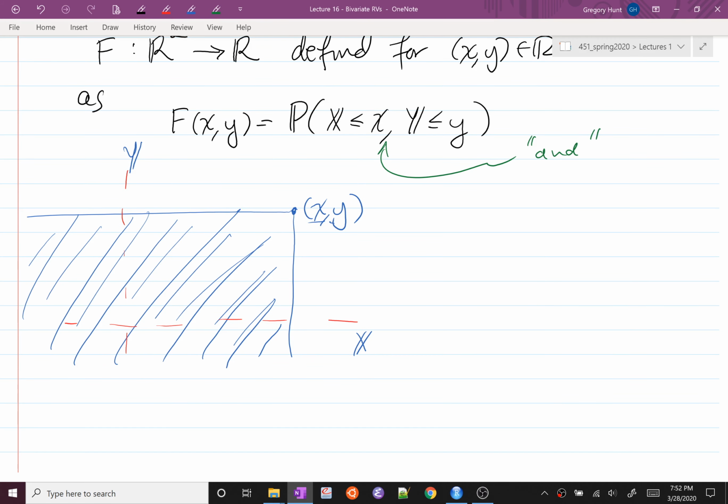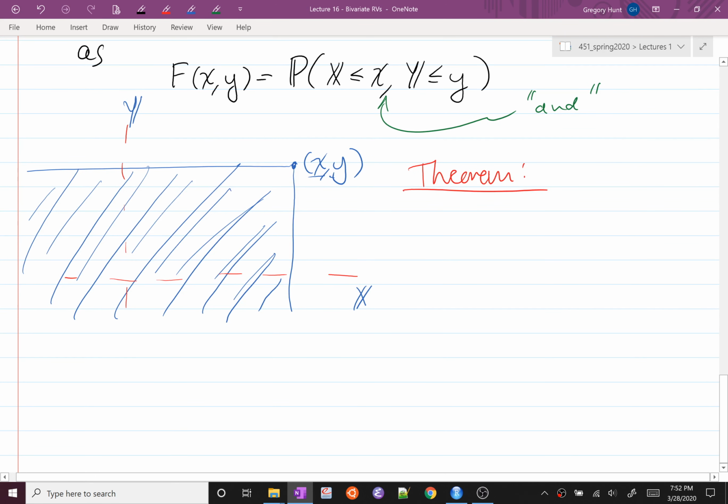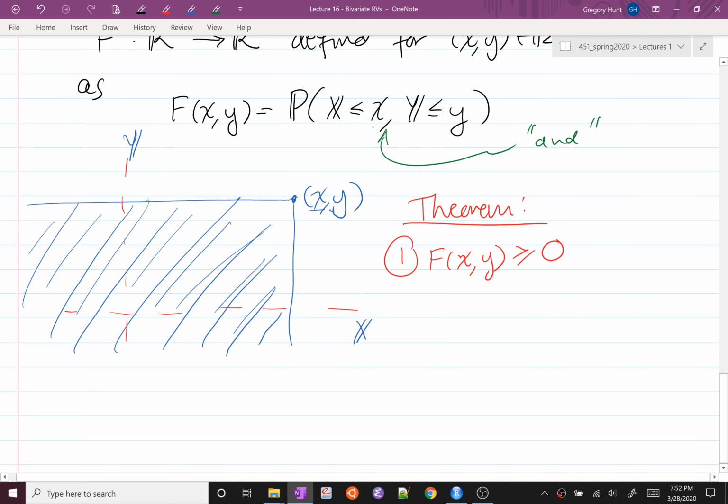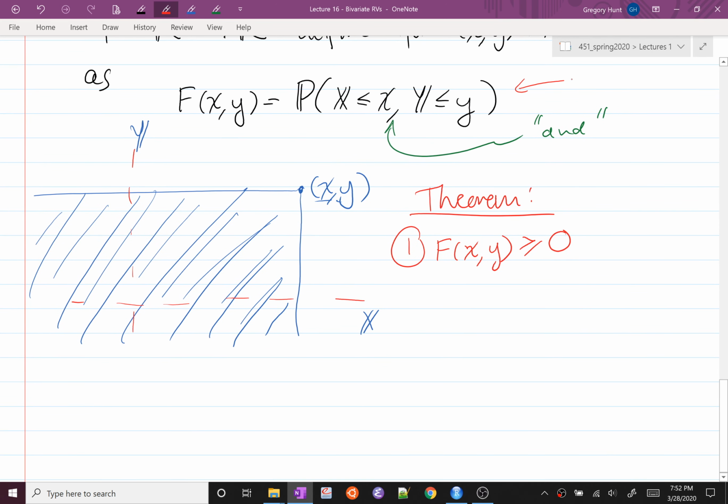But the bivariate CDF behaves in many ways like the univariate CDF. A real quick theorem is that it has analogous properties as the univariate CDF. First of all, F of x comma y is always positive. Better be because it's a probability, as defined here.